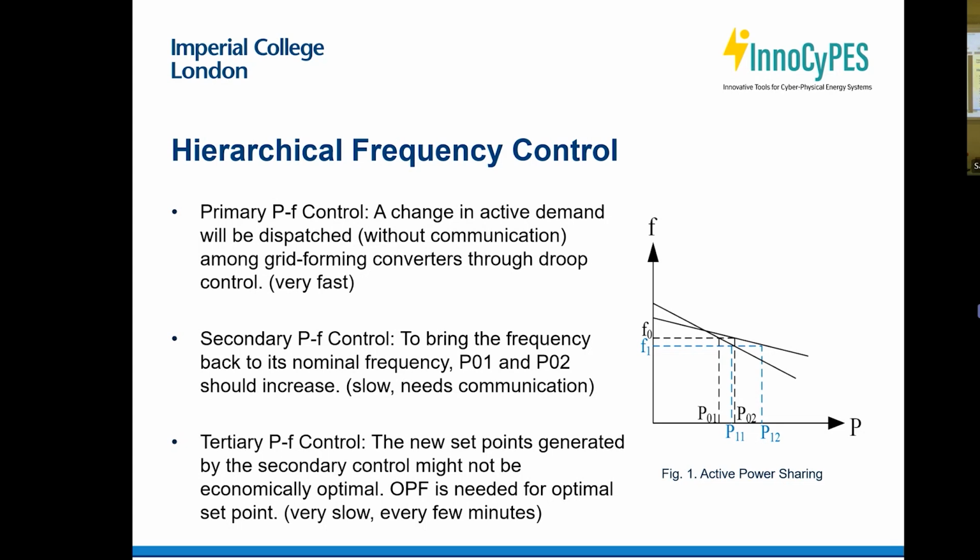Then there is secondary frequency control, which is a bit slower because it needs communication of tie line power, and it tries to bring the frequency back to the nominal frequency, subject to an acceptable change of the active power of tie lines. Then there is the tertiary PF controller, which aims at optimizing the cost of optimal set points. Tertiary PF control is not implemented in this test system, but primary and secondary PF control is implemented.